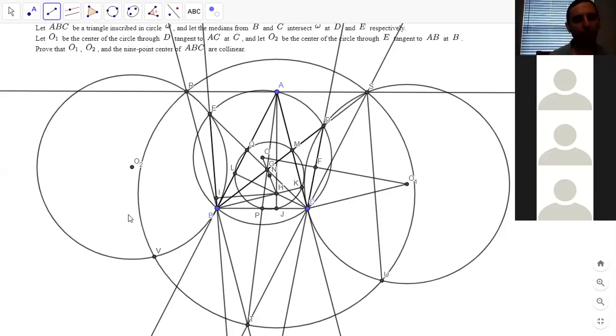Or yeah, U, C, and Q. Okay, so yes, U, C, and R and E and Q are collinear. That is because when you call U the intersection of the circle TSR and circle O1, angle SUC will be equal to angle ACS, because AC is a tangent.